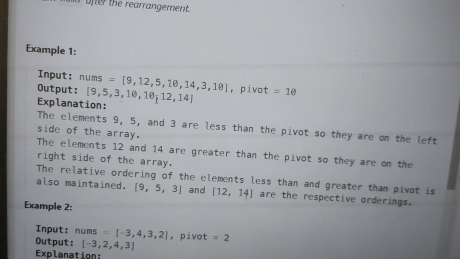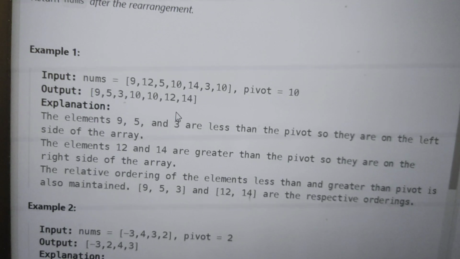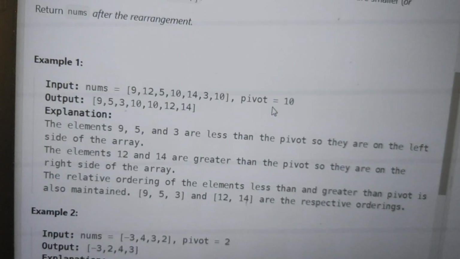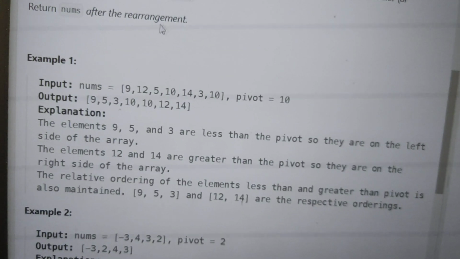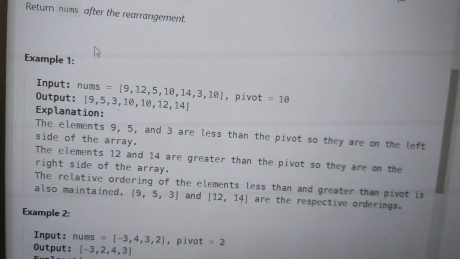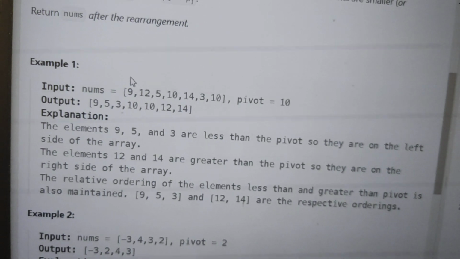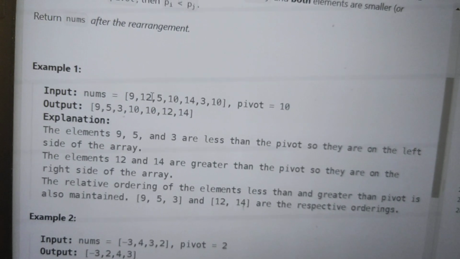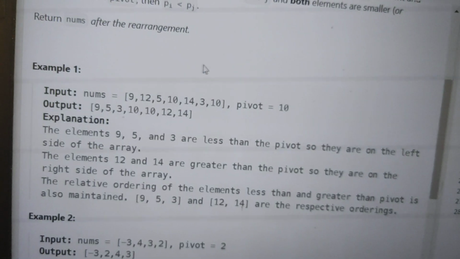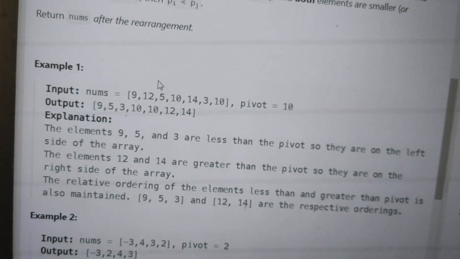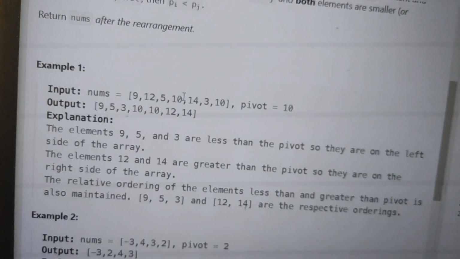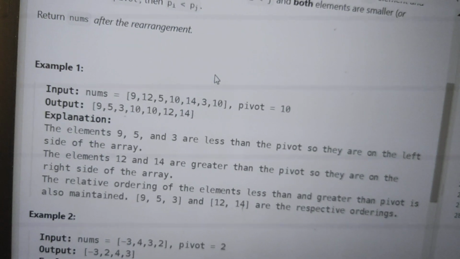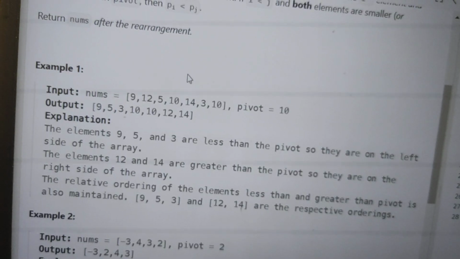Okay, so after this I'll compare each element with pivot. If the element is less than pivot, I'll place that element on the left side, and then I'll increment left plus plus. Similarly, if the element which I'm comparing is greater than pivot, I will put it on the right side and then I'll decrement it.